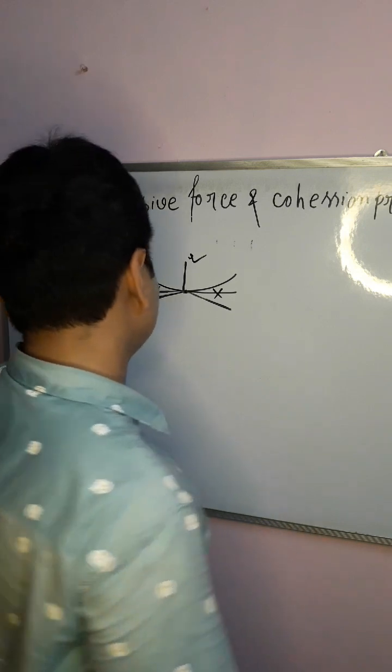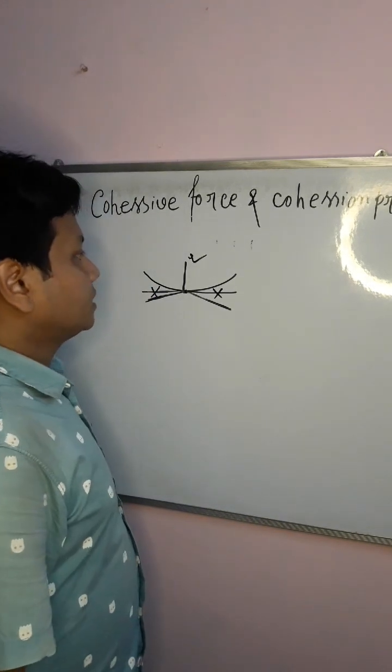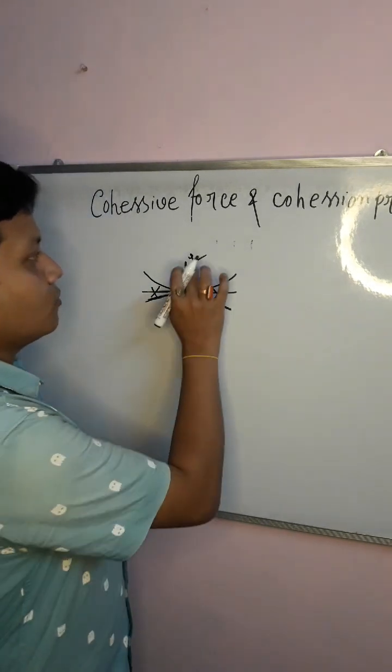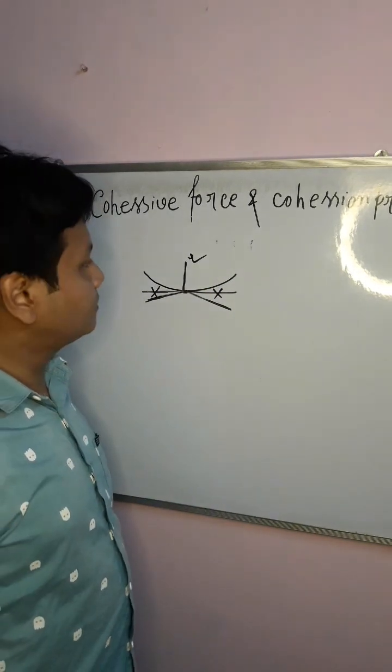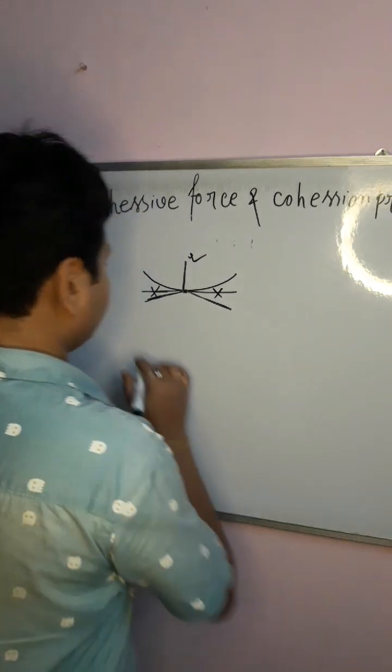Okay, so we see that for a concave surface, the resultant force due to surface tension acts in the upward direction.